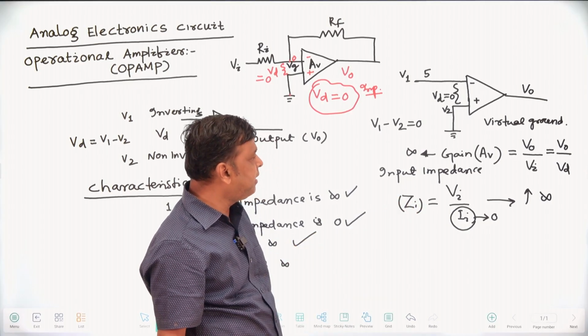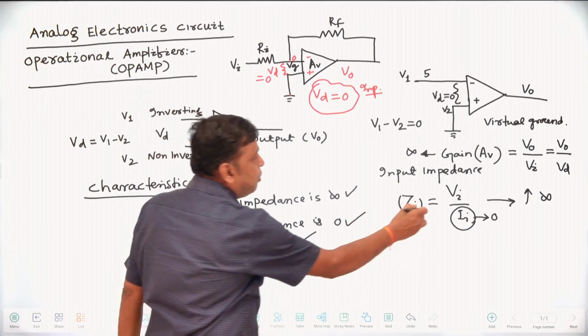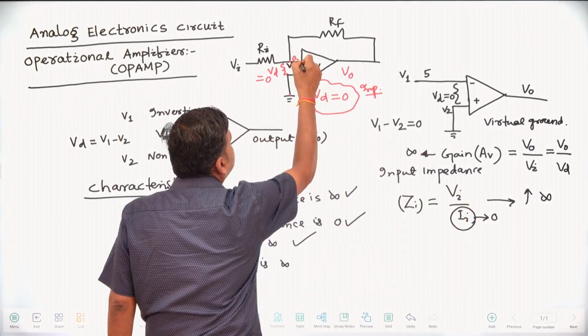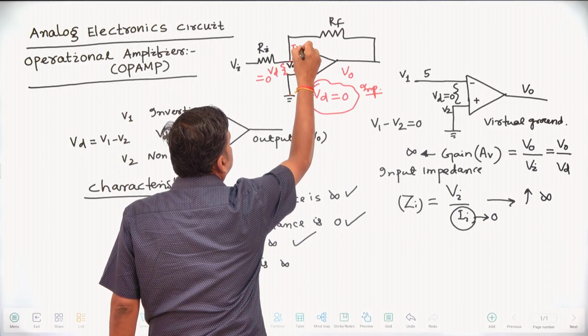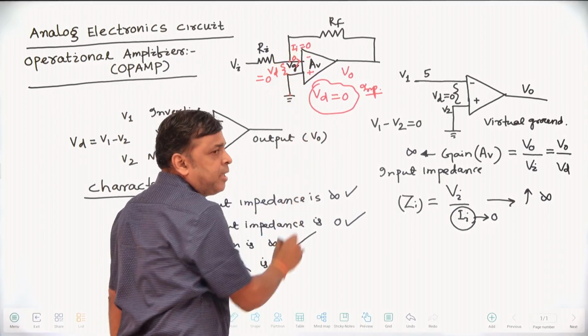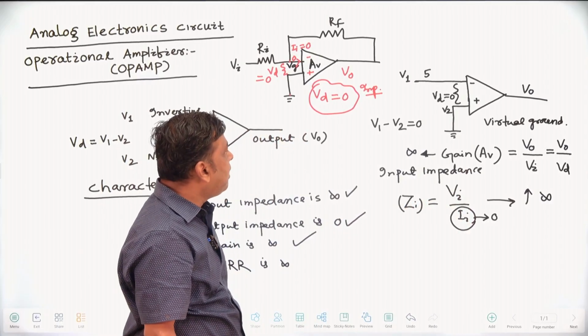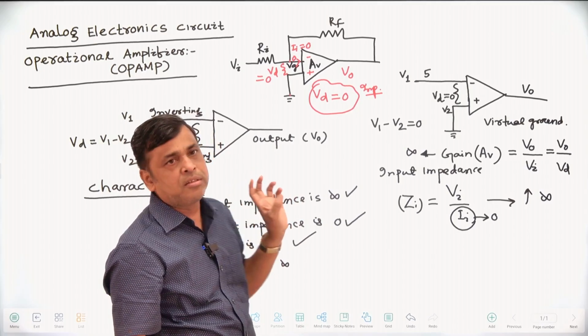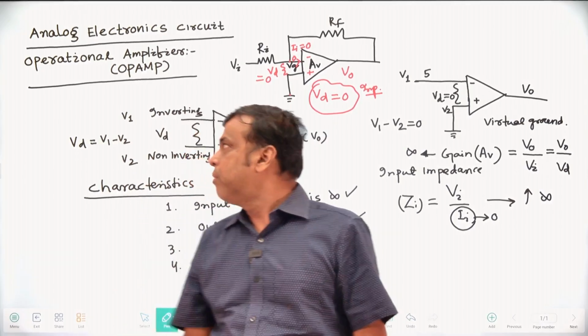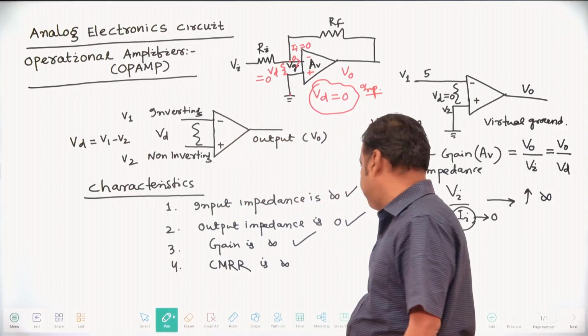When the input impedance is infinite, the input current is 0, because this current is nothing but the input current. This II equals 0. If II equals 0, then only you get input impedance as infinite. So these are the key points, the thumb rules, when you are going to solve operational amplifier problems.